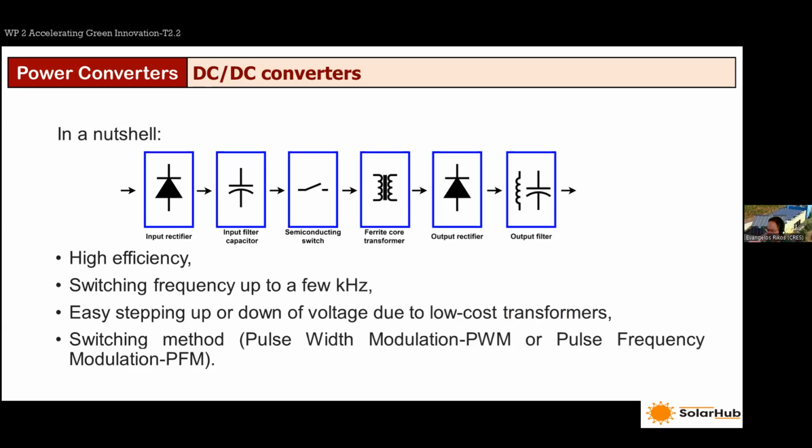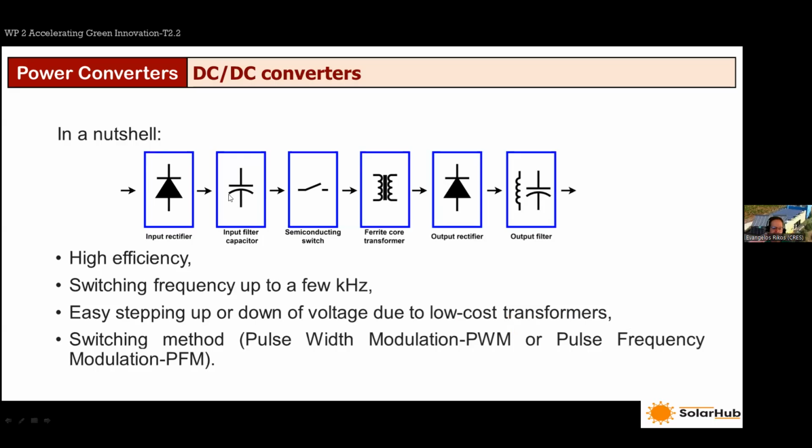Okay, in a nutshell, what a DC-DC converter is, in general, however, this is the most generic scheme. It includes an input stage, which is a rectifier, a combination of diodes, and an input capacitor. I would have to be very specific here with regard to the use of DC-DC converters in photovoltaic systems.